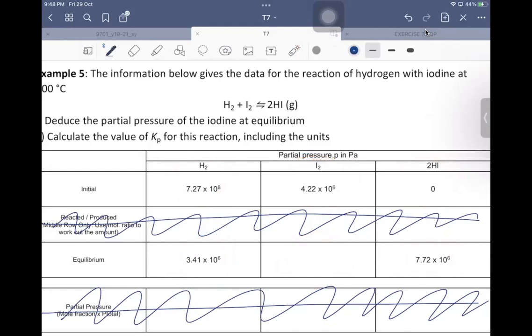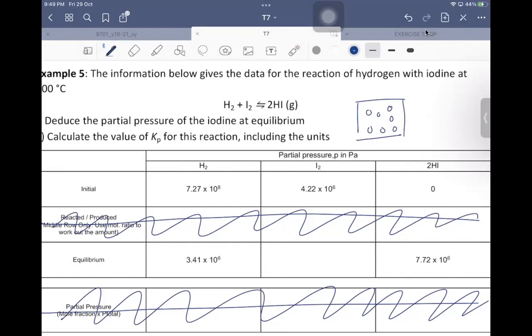And because my system is a closed system, initially and until it reaches equilibrium, I know that my total pressure at the start and at the end at equilibrium would be the same. I cannot increase the pressure or decrease the pressure because it is a closed system. I will change the composition of the partial pressure, but the total pressure I cannot change.